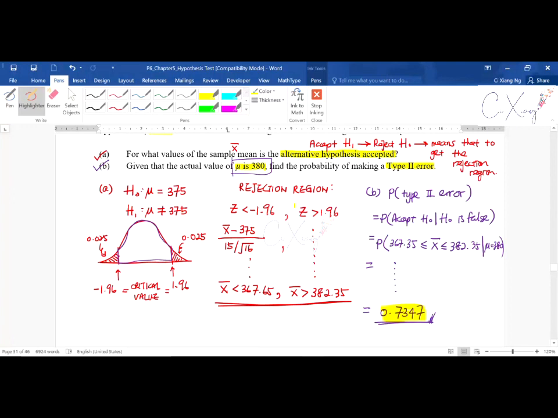Therefore, for examples 31 and 32, before you calculate the type 1 and type 2 errors, you need to get the rejection region on your own first. Only then can you use the rejection region to continue with the calculation for the type 2 error. So this is what we have for the errors in normal distribution. We ended the normal distribution part with the errors. In the next video onwards, we are going to discuss the error in binomial and also Poisson.